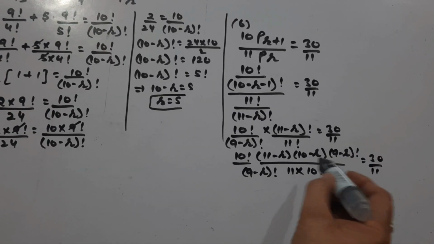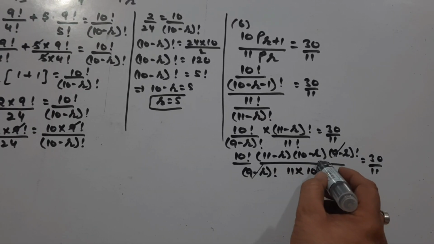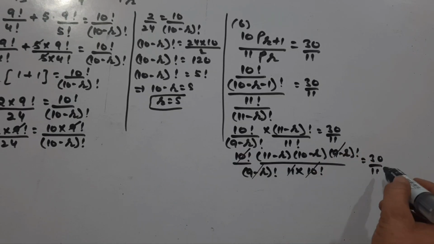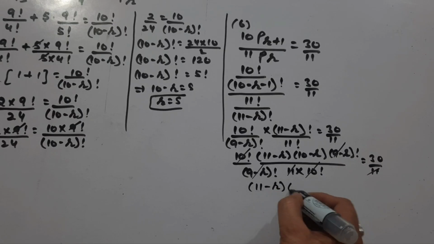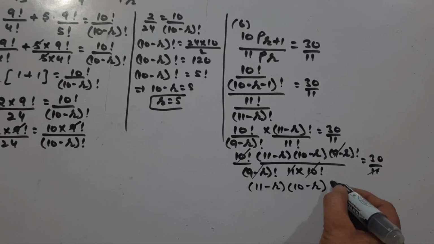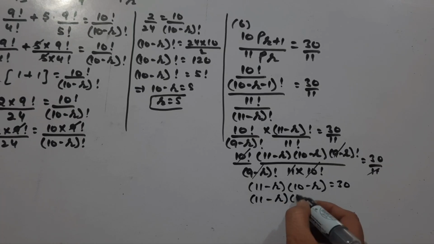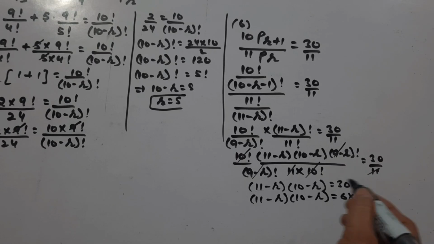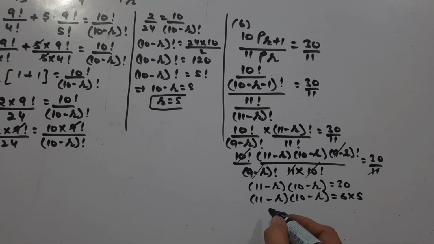Now cancel (9 minus r) factorial with (9 minus r) factorial, 10 factorial with 10 factorial, and cancelling 11 with 11. So we are left with (11 minus r) (10 minus r) equal to 30. So (11 minus r) into (10 minus r) equal to 6 into 5.